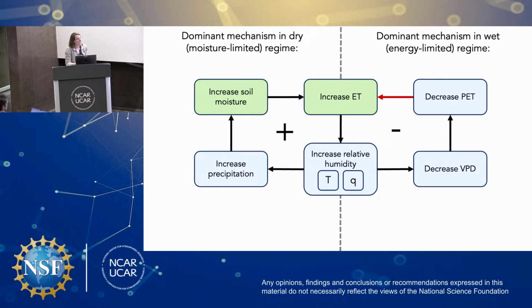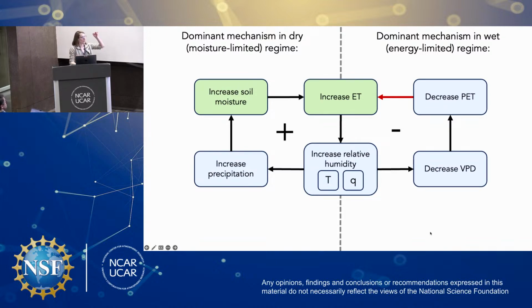In particular, this energy limited feedback has been a little underemphasized in prior work. A lot of people talk about precipitation and soil moisture feedbacks with evapotranspiration, because that's something we can disentangle easily from observational studies or variability in the climate system. I think this VPD feedback on ET is a little less emphasized.